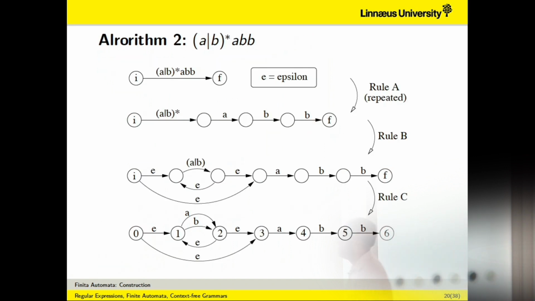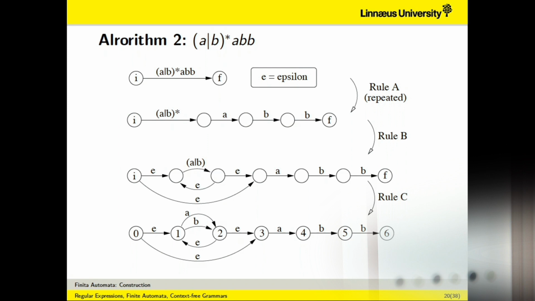It will maybe be easier to see with an example again. We take the regular expression A or B, and I think it's the same one, A, B, B, B, that we have already done. However, we did it in the non-deterministic way, but now we want to do it deterministically.